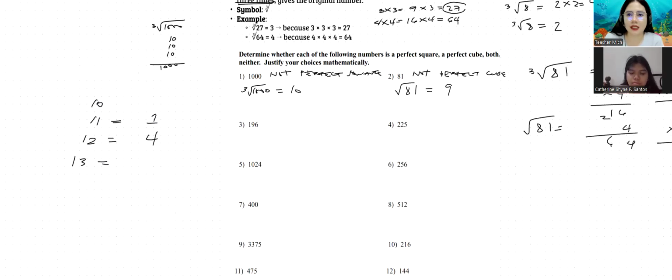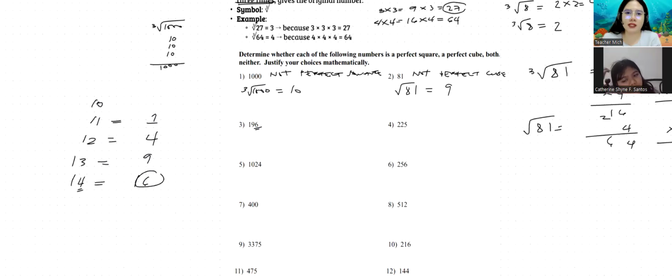What is 3 times 3? 9. We should find the number that ends with 6. Okay, next one, 14. What is 4 times 4? 16. So what is the last digit of 16? 6. Oh, you can try 14.